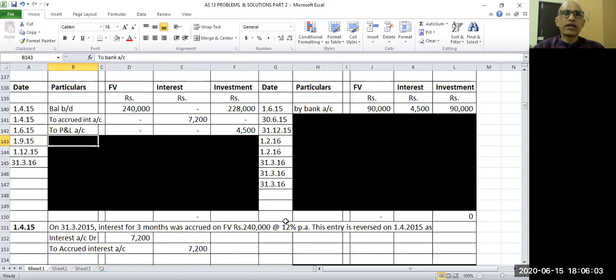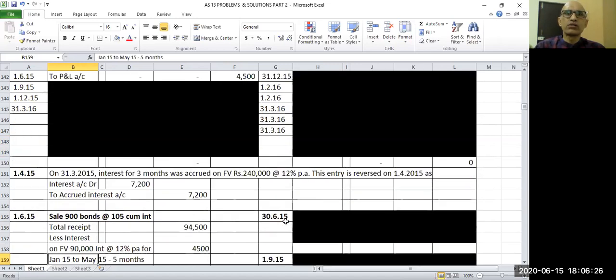If you see the data on 1/4/15, your face value is 2,40,000. But out of that, you have already sold the bonds having face value of 90,000 on 1st of June 2015. That means you now have the face value of bonds to the extent of 150,000. So on this 150,000, let us calculate the interest on 30th June.